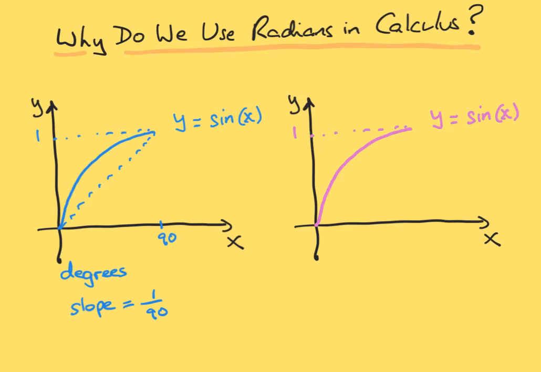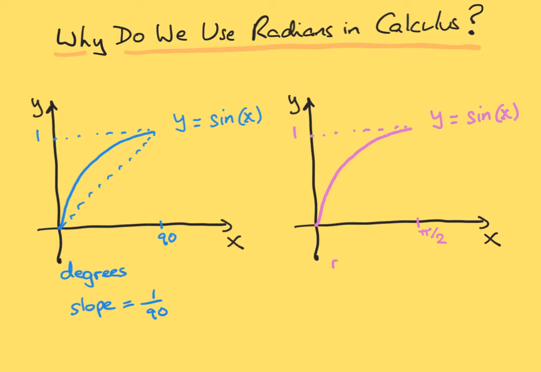So let's now say that we are going to use radians. If we're going to use radians, what do we get? Well, the sine function again increases from 0 to 1, but it does it going from an angle of 0 to an angle of pi over 2. That's the right angle in radians, equivalent to 90 degrees.